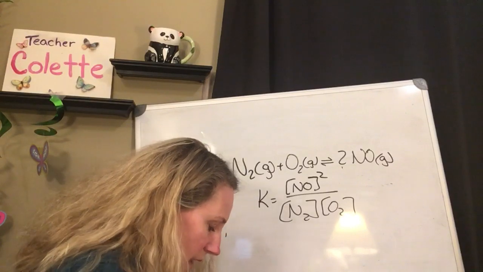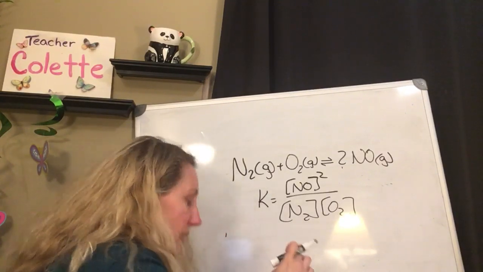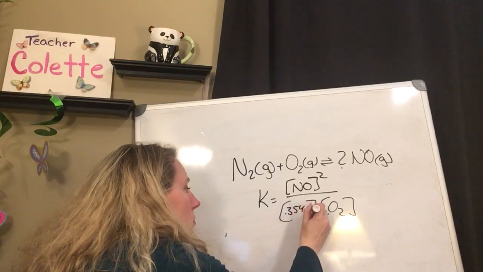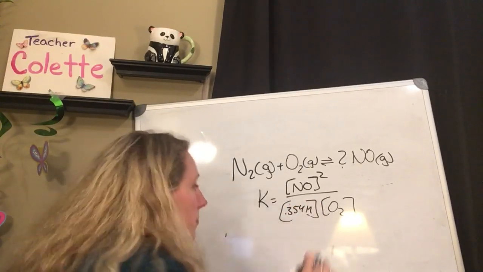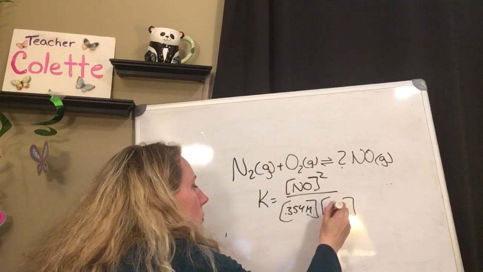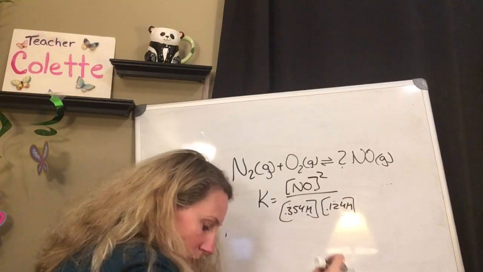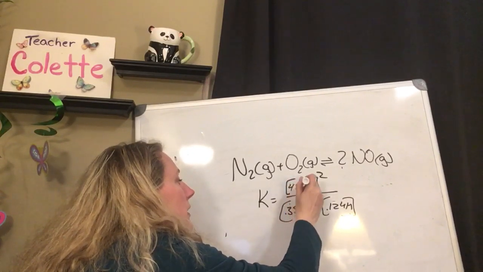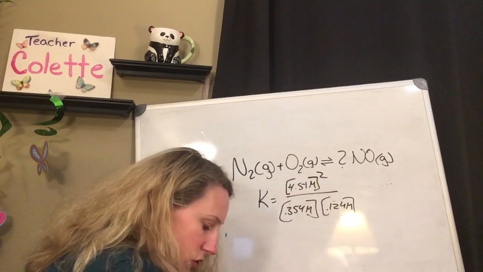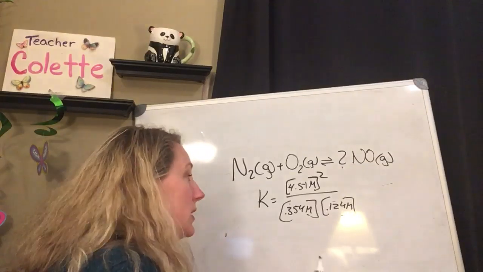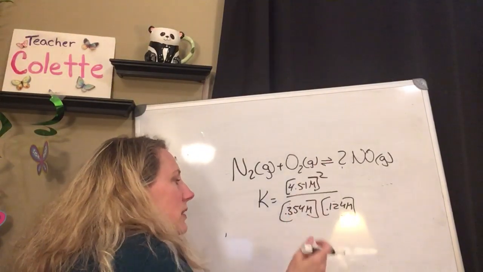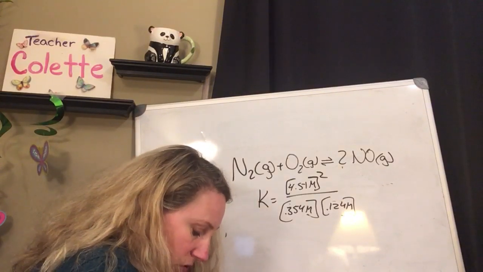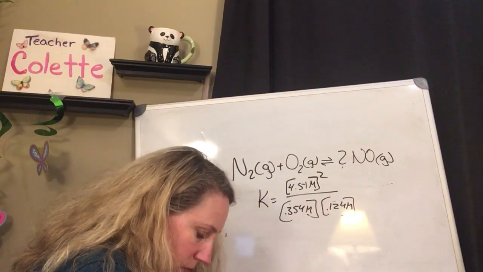N2 is 0.354 molar, O2 is 0.124 molar, and NO is 4.51 molar. The trick here is watching your units. You're going to have M squared on the top and M squared on the bottom, so they're all going to cancel out.